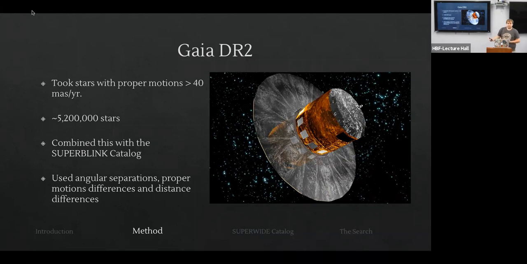And so we took the SUPERWIDE catalog, which was just proper motion, but there was no spectra really involved in it. And we added this in the hopes that maybe we'll find some other companions that Gaia right now doesn't list. And so what we did was we took the angular separations, proper motion differences, and the distances and the distance differences to figure out our probabilities.